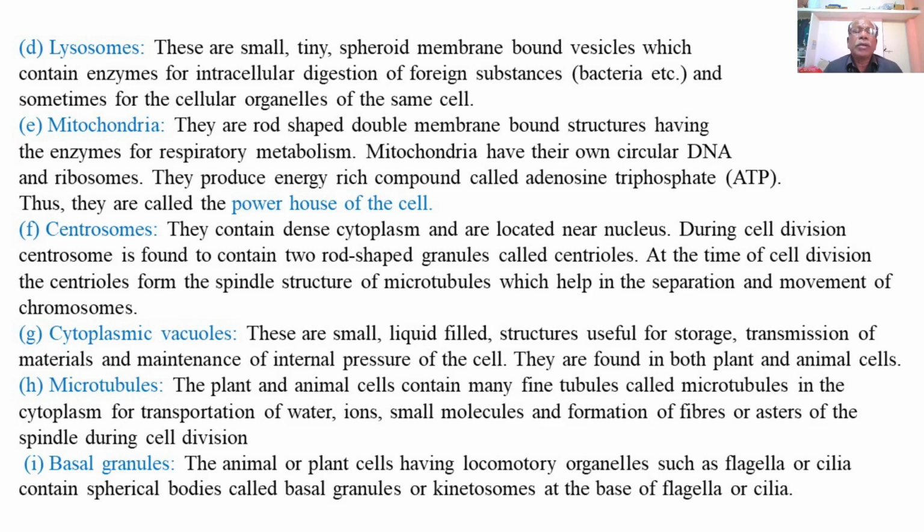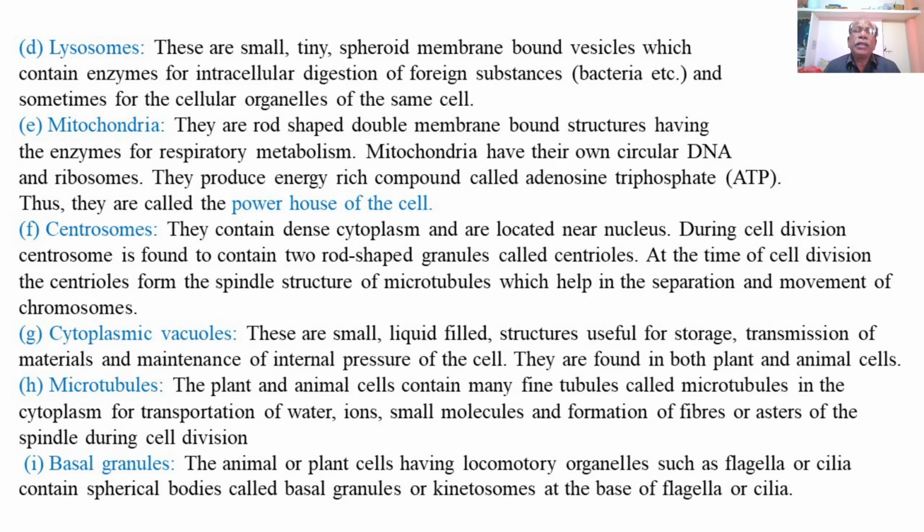So the mitochondria are rod-shaped, elongated, double membrane-bound structures. The outer membrane represents the outermost covering. Then the inner membrane is thrown into a number of foldings or cristae, which contain F1 particles or energy particles, and the mitochondrial matrix lies in the cavity of the inner membrane.